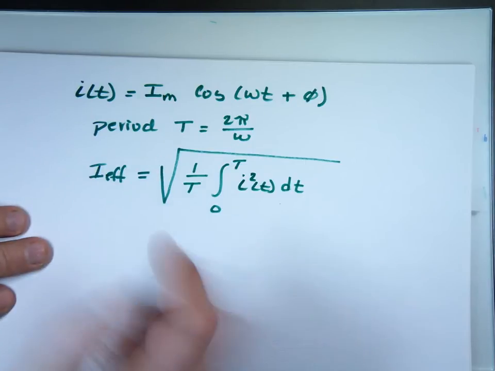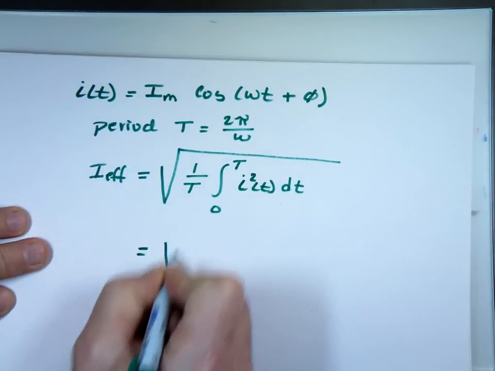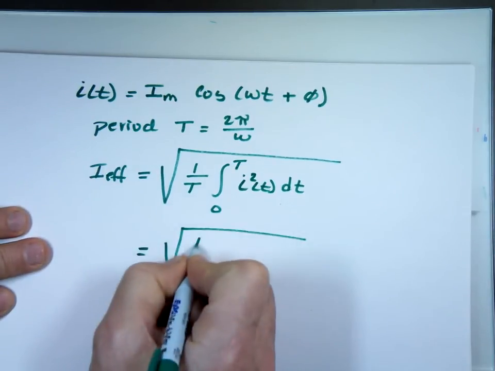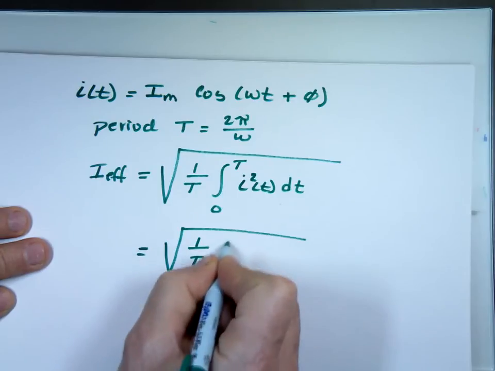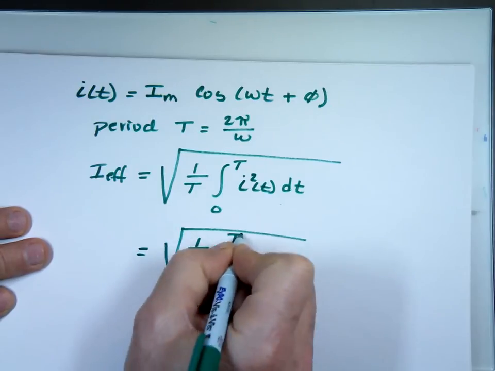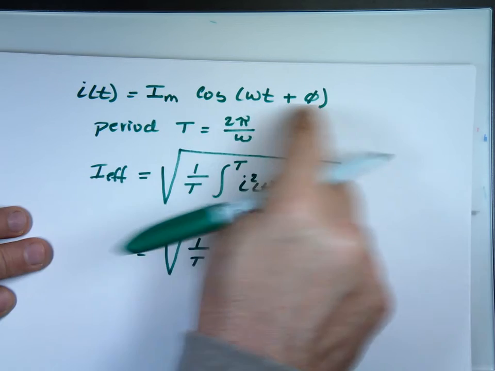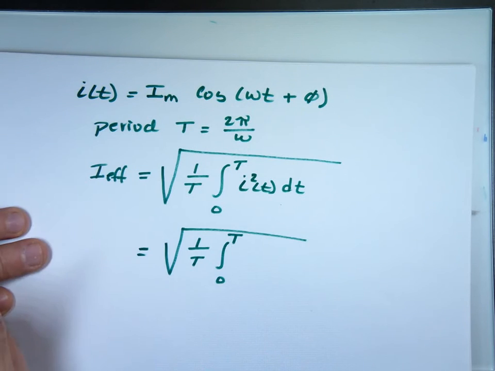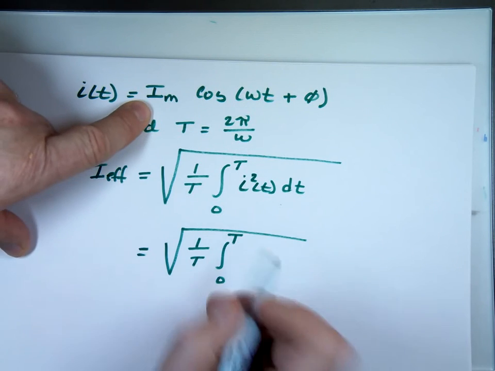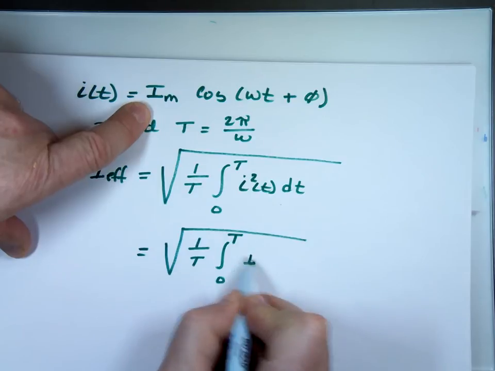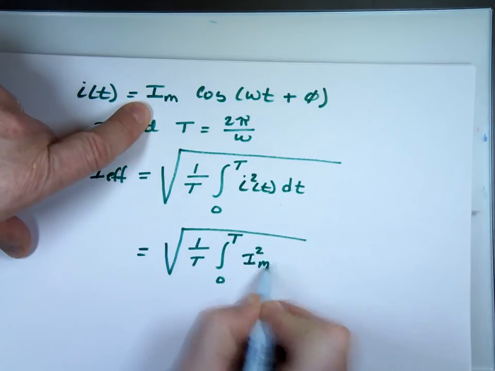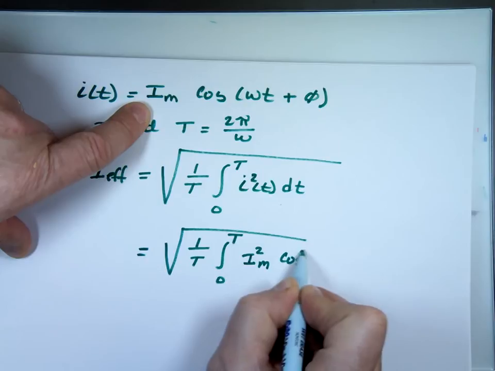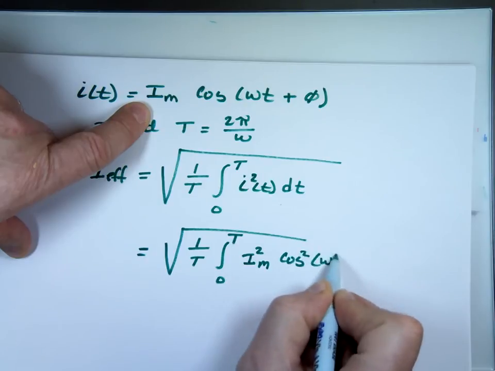So if I plug it in here, leave T the way it is for now, I'll change it in a minute. And I is this value. If you square that, you're going to have I squared max cosine squared (wt plus phi).